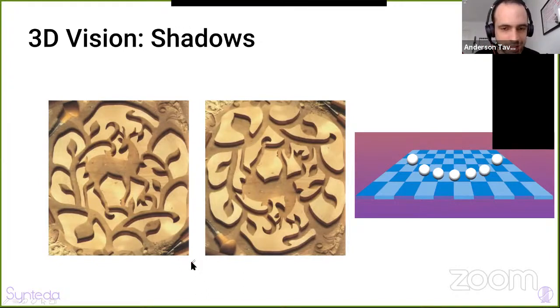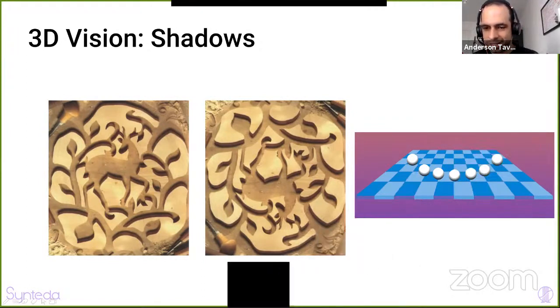So this is because of how the light casts the shadow, and we are used to thinking of the light casting from above. So like this third image here.